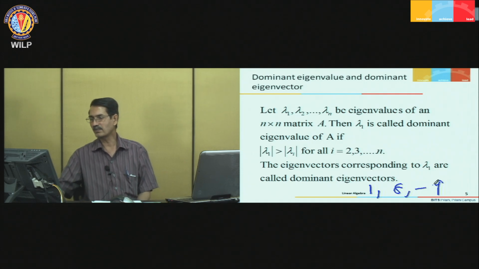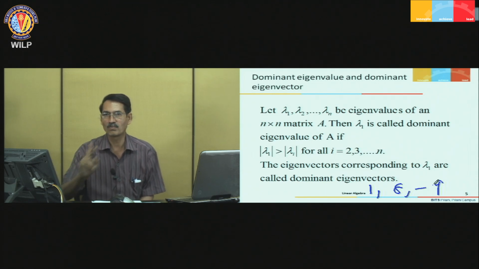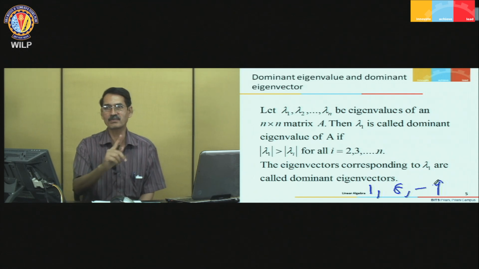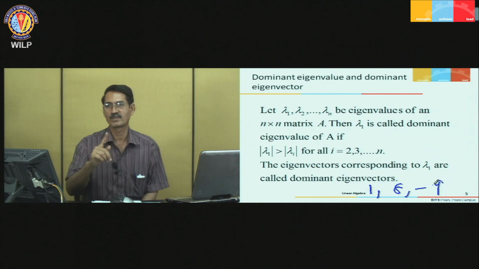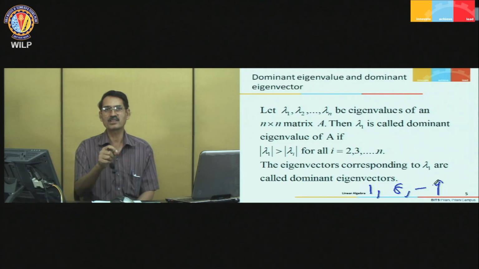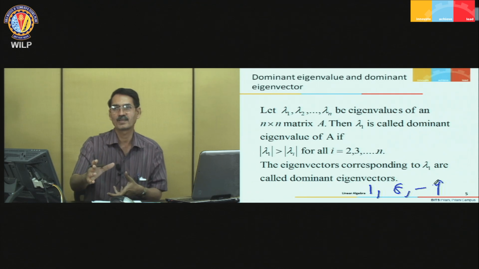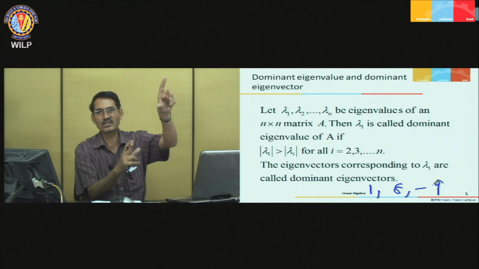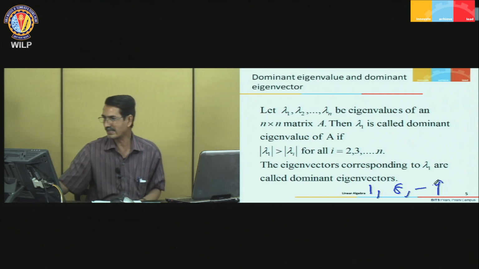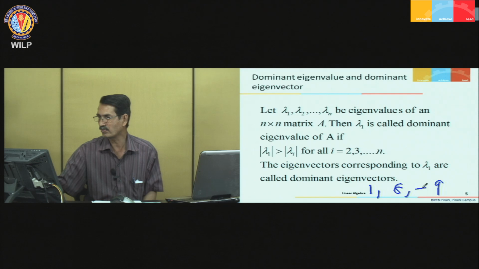So for 1, 8 and minus 9, if you take the absolute value of all these eigenvalues, the modulus of minus 9 is 9, the modulus of 1 is 1, and the modulus of 8 is 8.